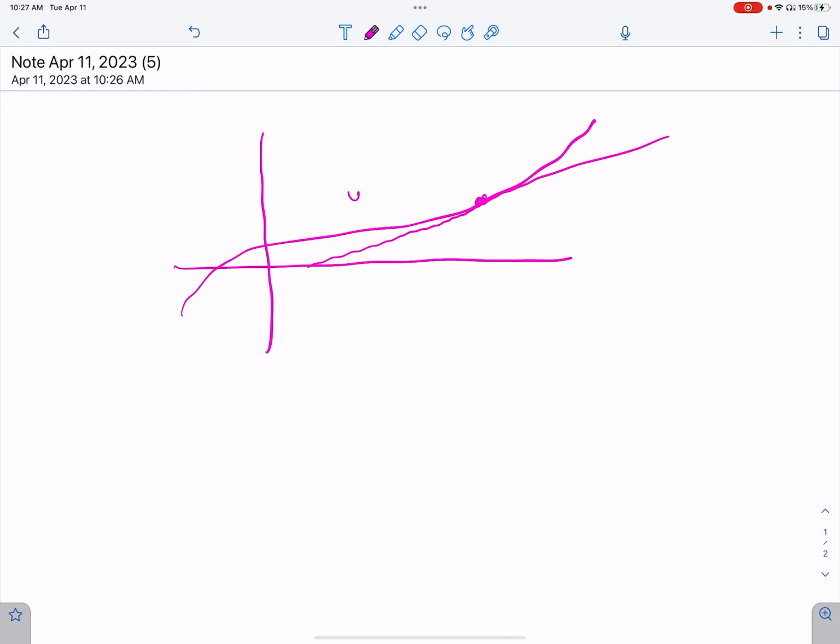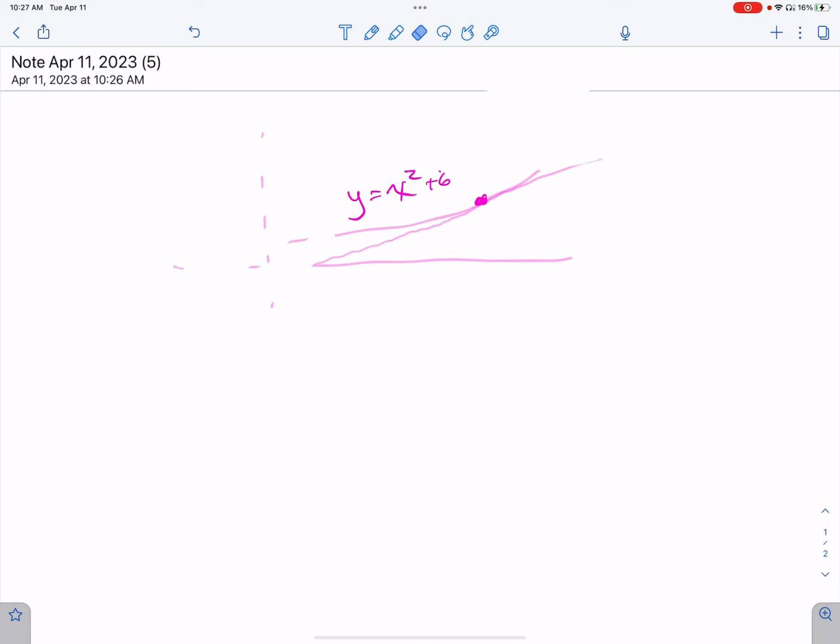In this case, I'm going to use a function y = x squared plus 6. And in fact, I'm going to make a more accurate depiction here to help the presentation.